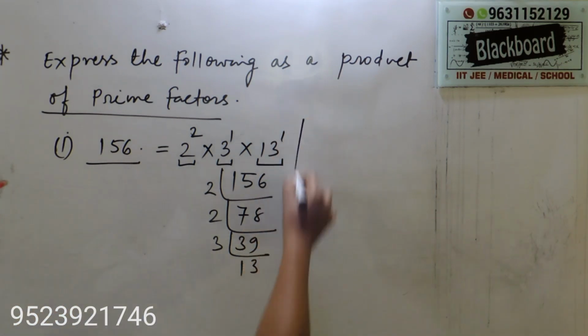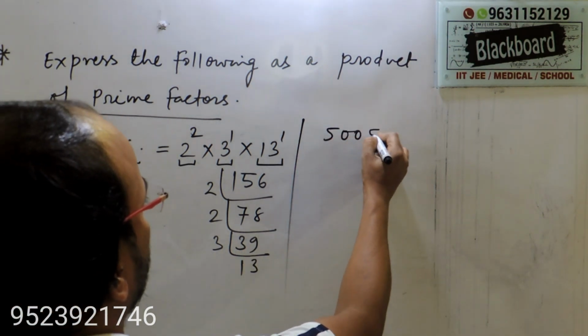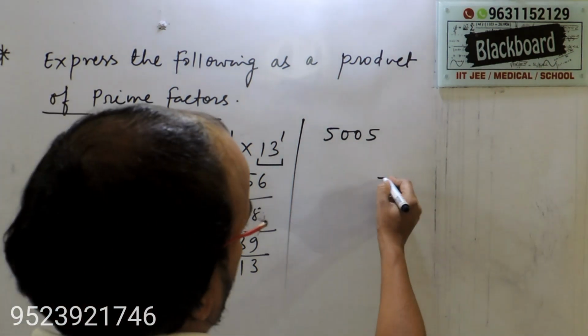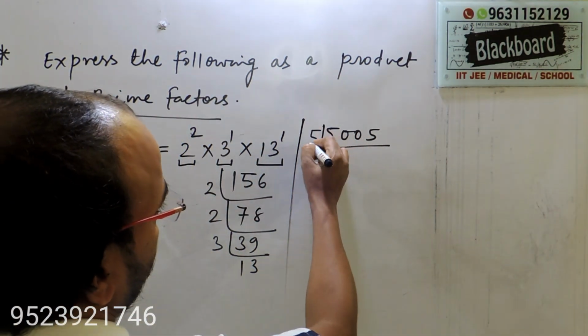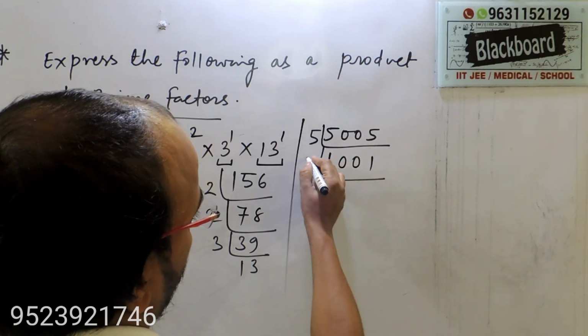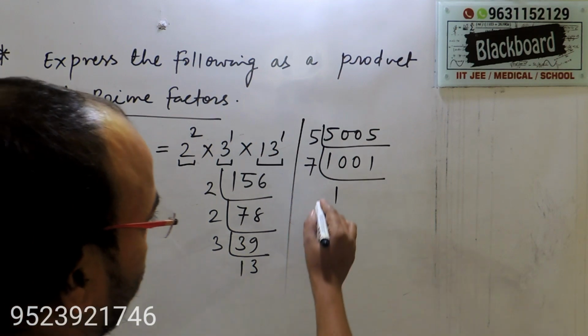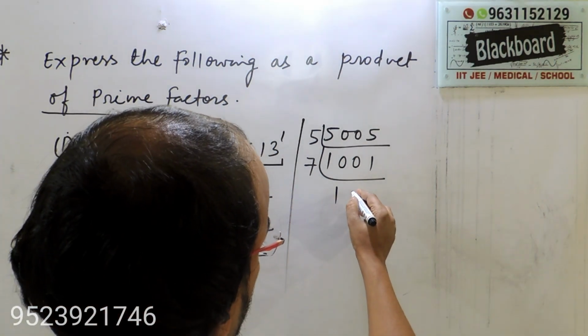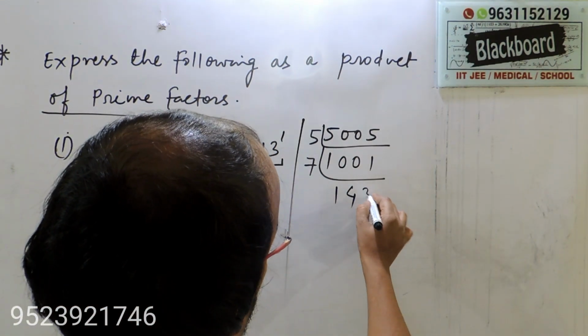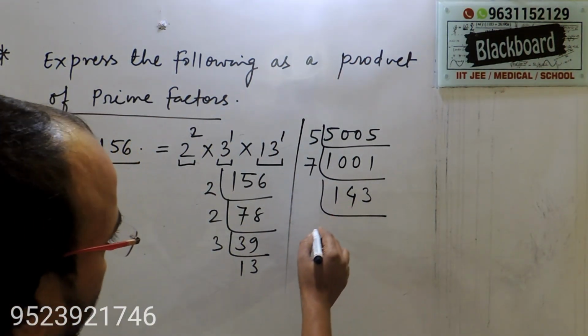Next, let your number be 5005. That means again you can factorize 5005 here. This is 5, 1001. This is 7, this is 143. Now you can break 143.